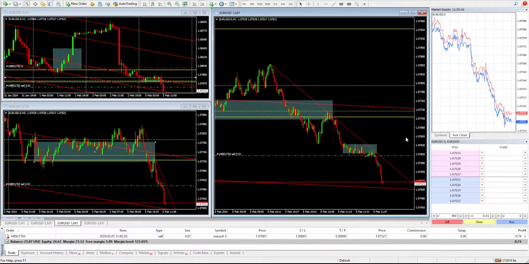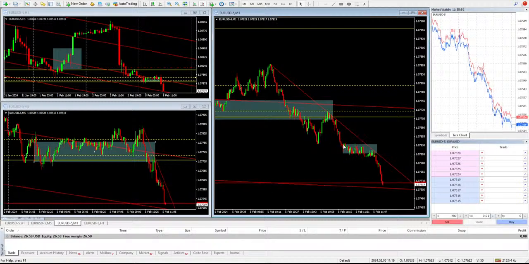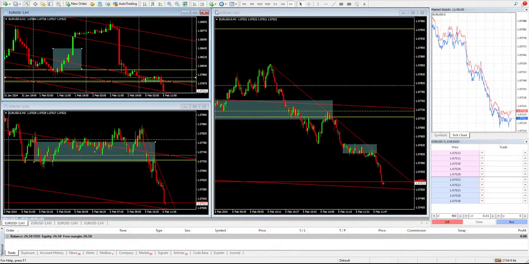Still got a strong downtrend going, so we're in good shape. We do have a trend line of possible resistance. I'm going to go ahead and take this guy right here and see what happens now. One thing I've noticed about price action, trend lines carry more relevance and more strength than horizontal ones.